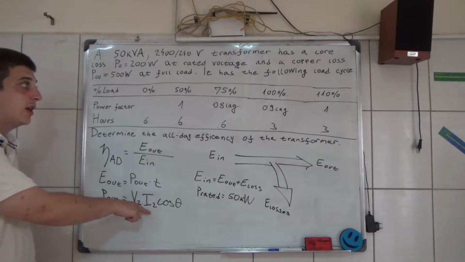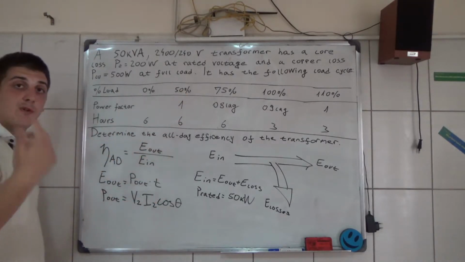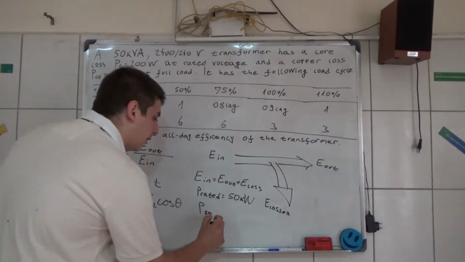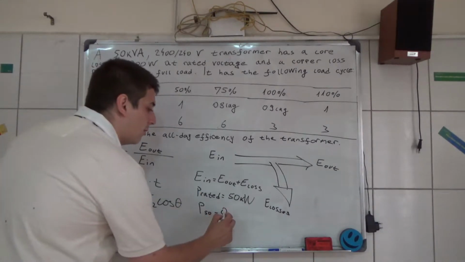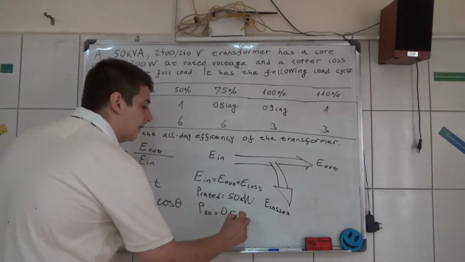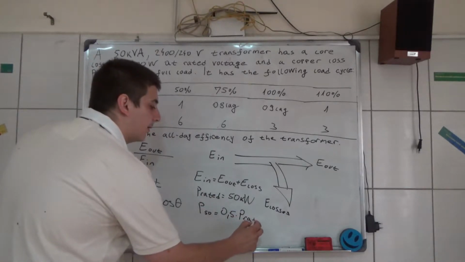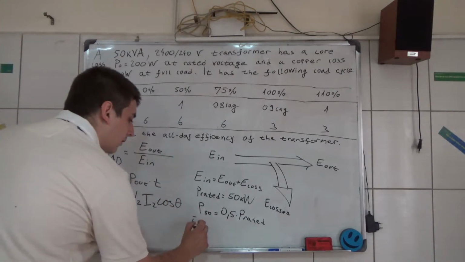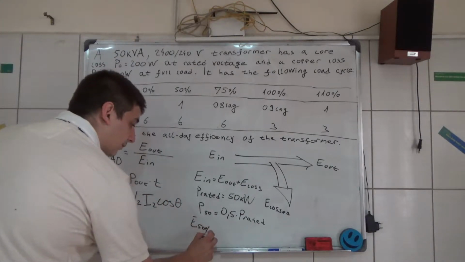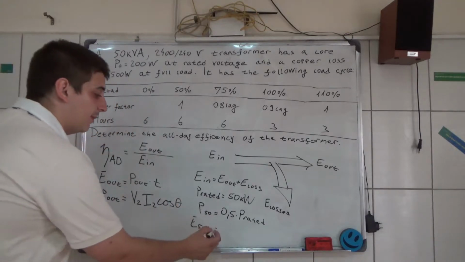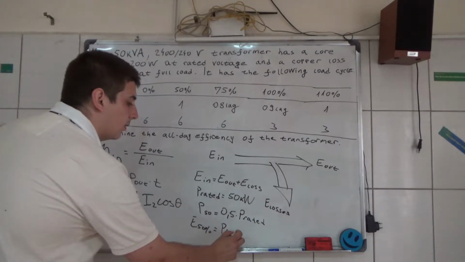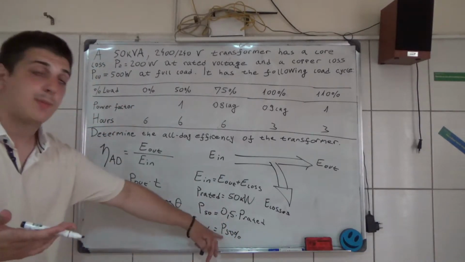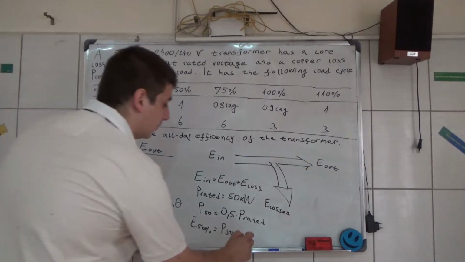If you use 50% of the current, then the power at 50% is just equal to 0.5 times the rated power. And the energy at 50% is just equal to the 50% power times the time that we used this power, and that is 6 hours.